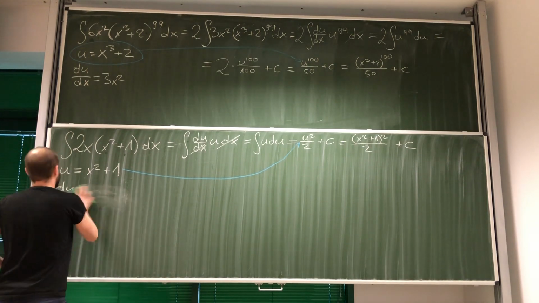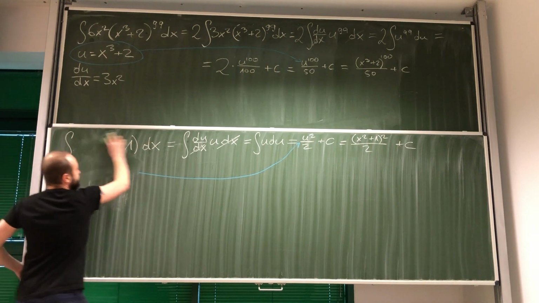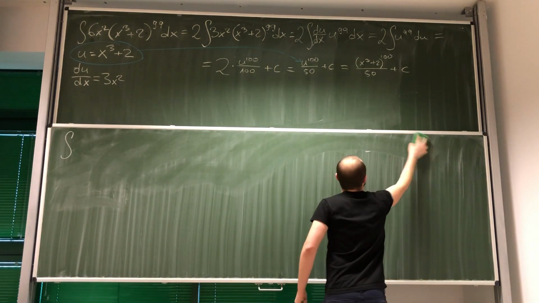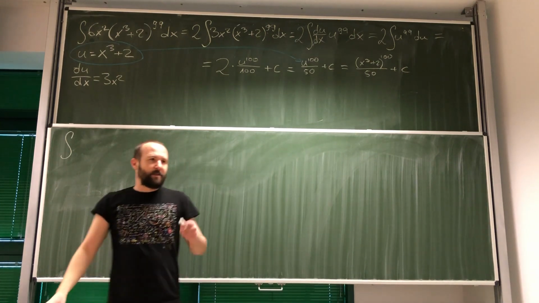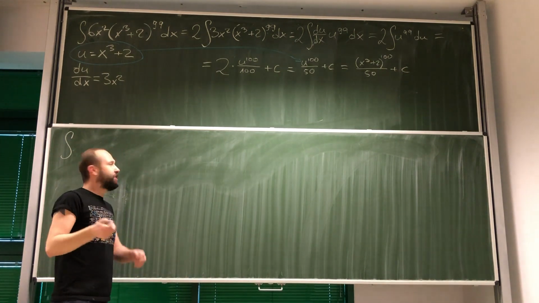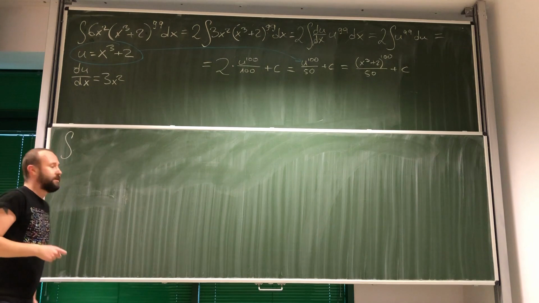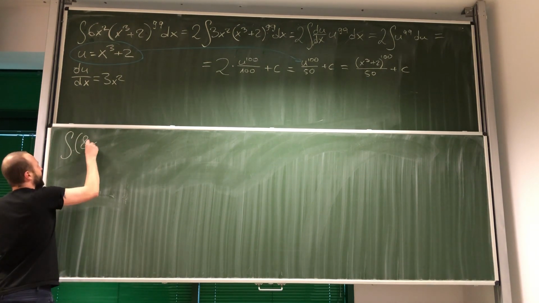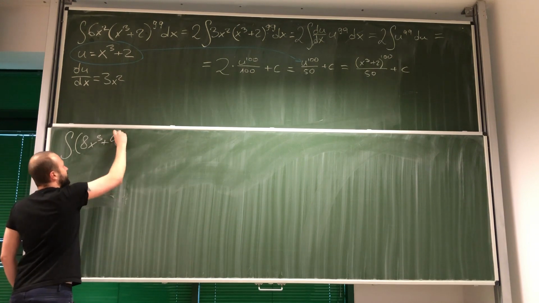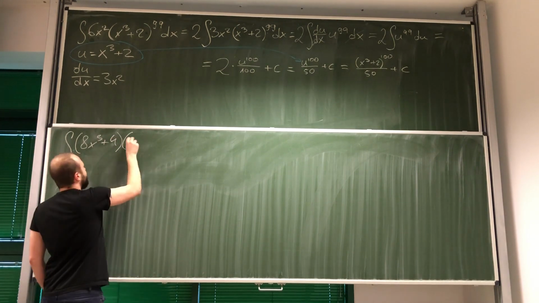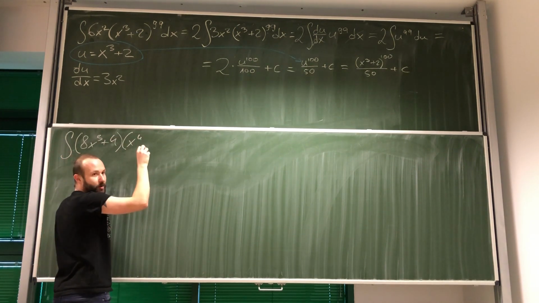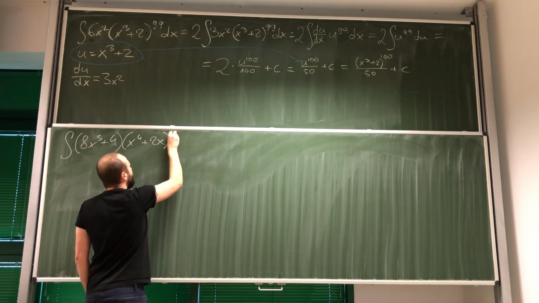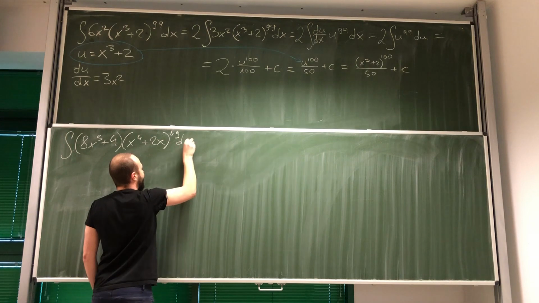Okay, so let's just say that the integral we need to calculate right now is 8x cubed plus 4 times x to the power of 4 plus 2x to the power of 49 dx.